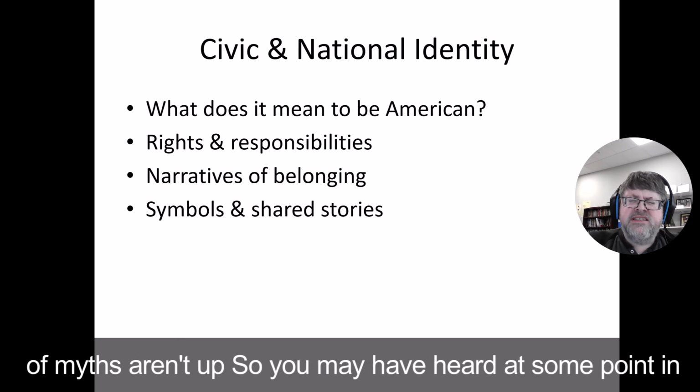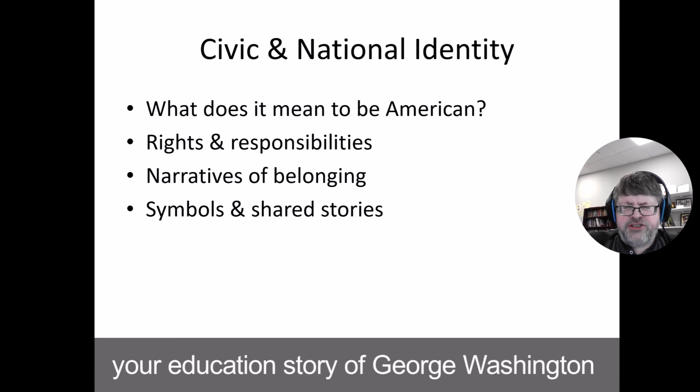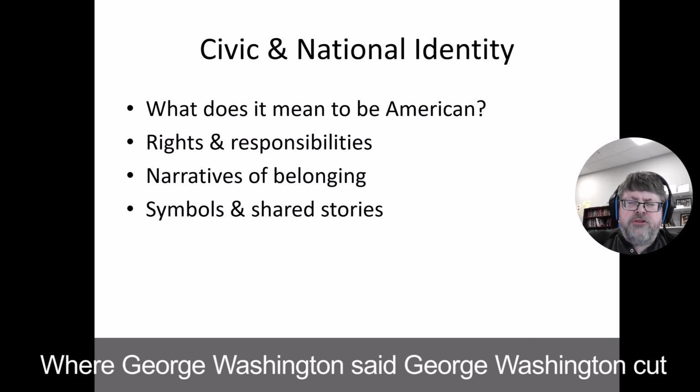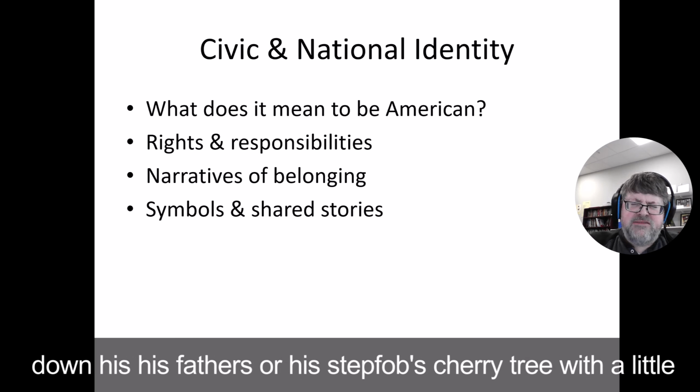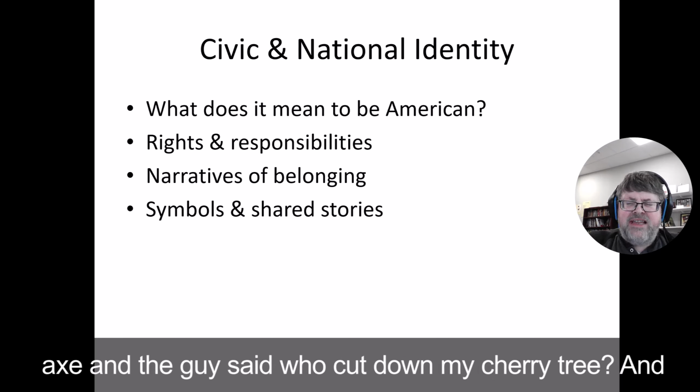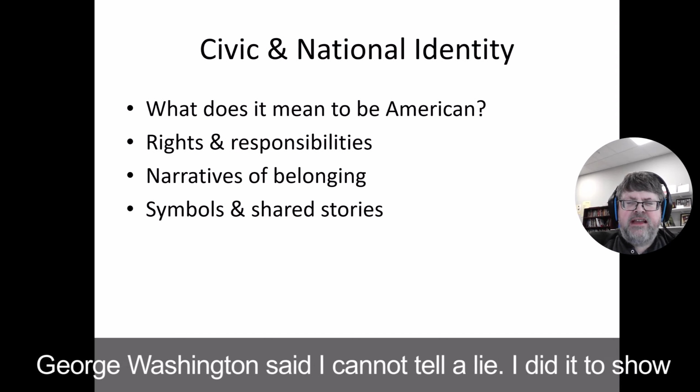So you may have heard at some point in your education the story of George Washington and the cherry tree, where George Washington cut down his father's cherry tree with his little axe, and the man said, "Who cut down my cherry tree?" And George Washington said, "I cannot tell a lie.